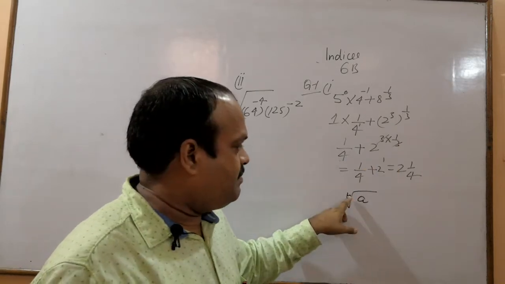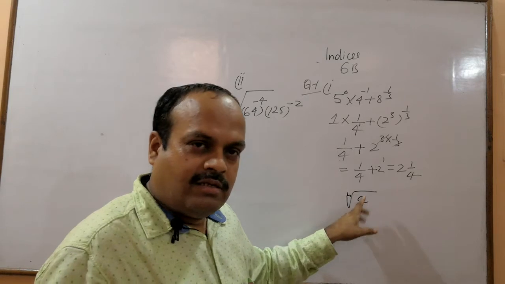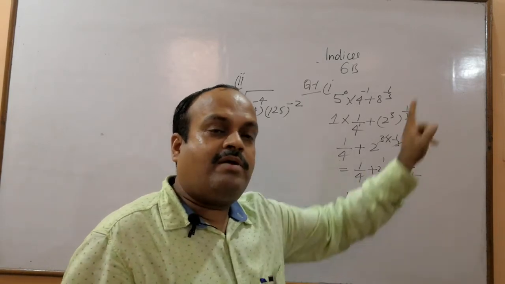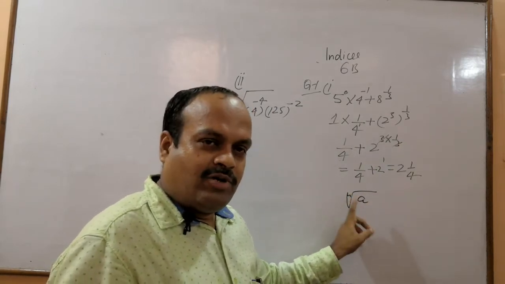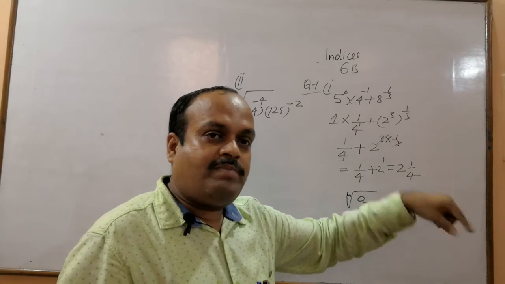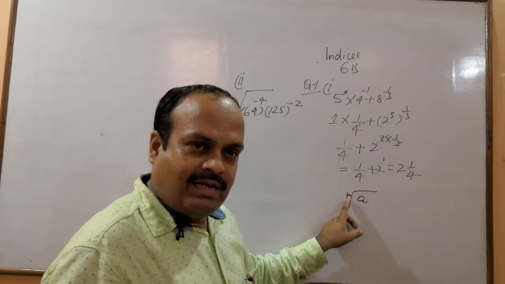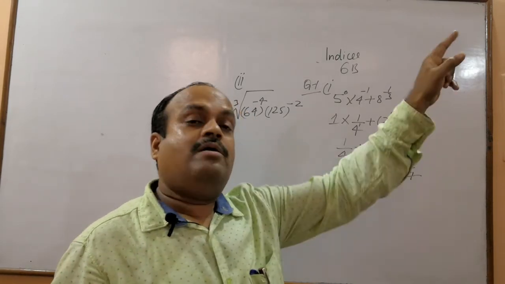Remember, if here you have 3, you will get the exponential form of this number as a to the power 1 by 3. If you have here 4, exponentially this number can be written as a to the power 1 by 4. If you have here n, as I have written, it can be written as a to the power 1 by n.